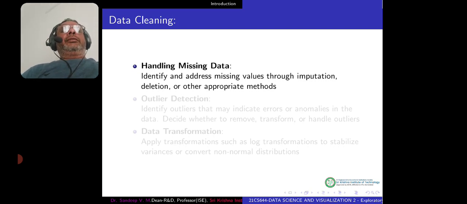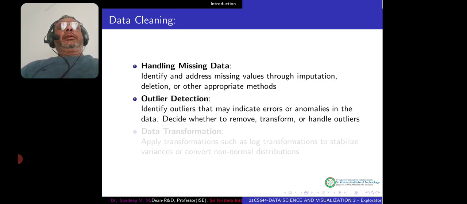Various techniques are available, so depending on the situation we should use them. We should be able to justify how this handling is done for any missing data.